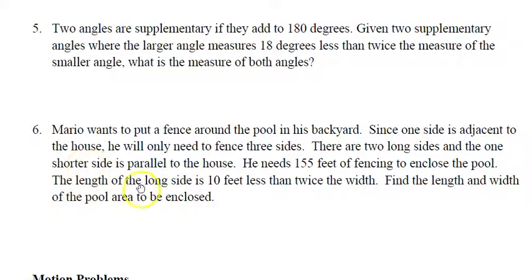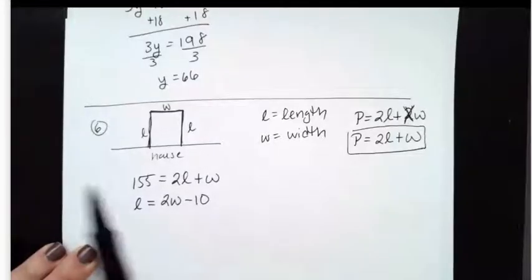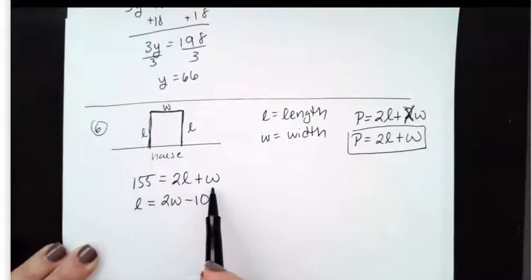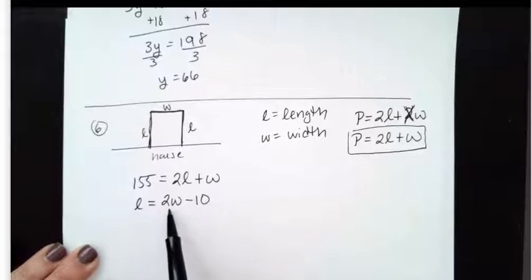We're told that the length of the long side is 10 feet less than twice the width. So the length of the long side, L, is 10 feet less than twice the width, so 2W minus 10. So we now have 2 equations. The first one was from the perimeter, right? Perimeter is adding up all sides, and the length is 10 less than twice the width.